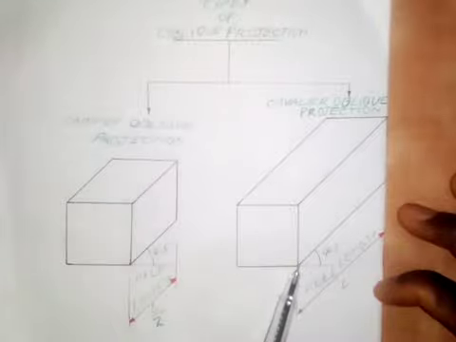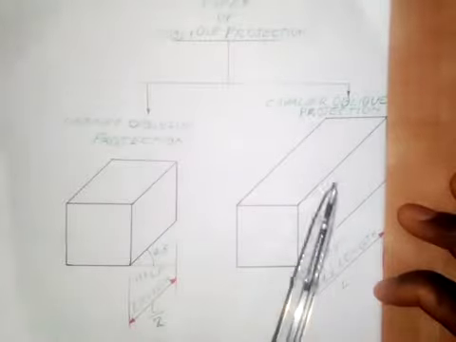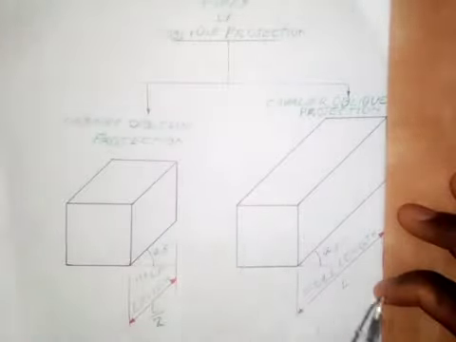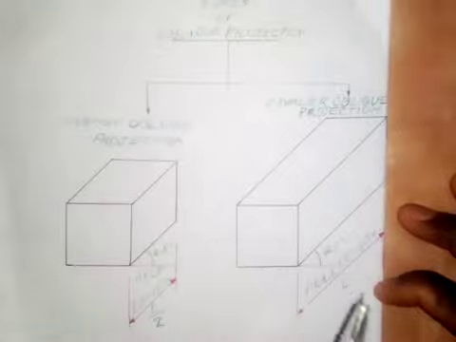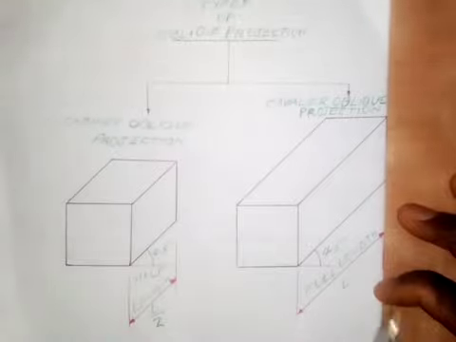So for the receding line here, which is at an angle of 45 degrees to the horizontal, it is drawn full size for a cavalier oblique projection, which means that if the length of the receding axis is 20 millimeters, we make it 20 millimeters for a cavalier oblique projection.